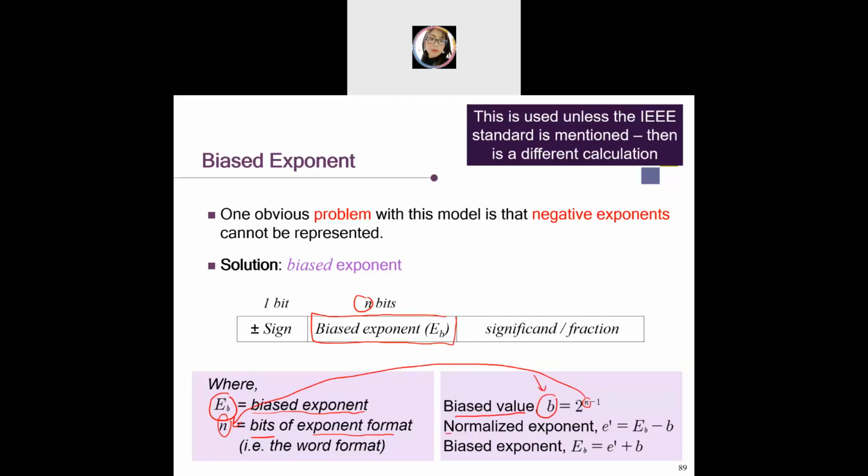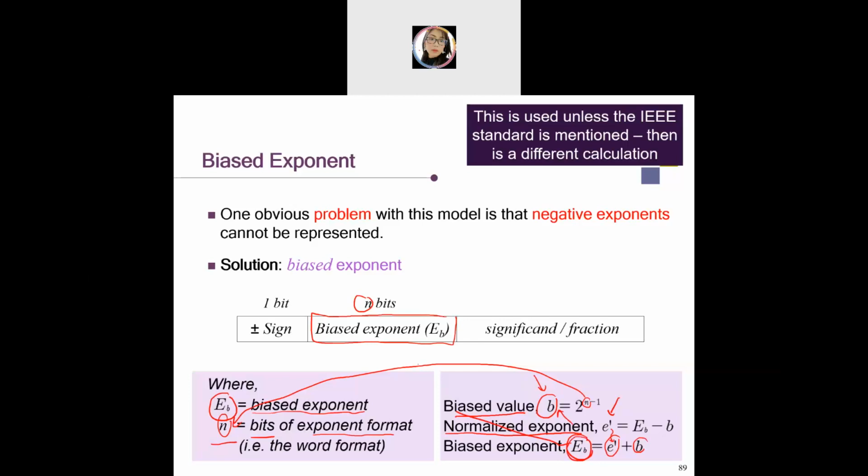And then we can have the normalized exponent. Normally in the question, they will give you the value of n and also E prime here. Then you need to find EB. You can find the B here, and then you just fill in the values. Then you get the EB.